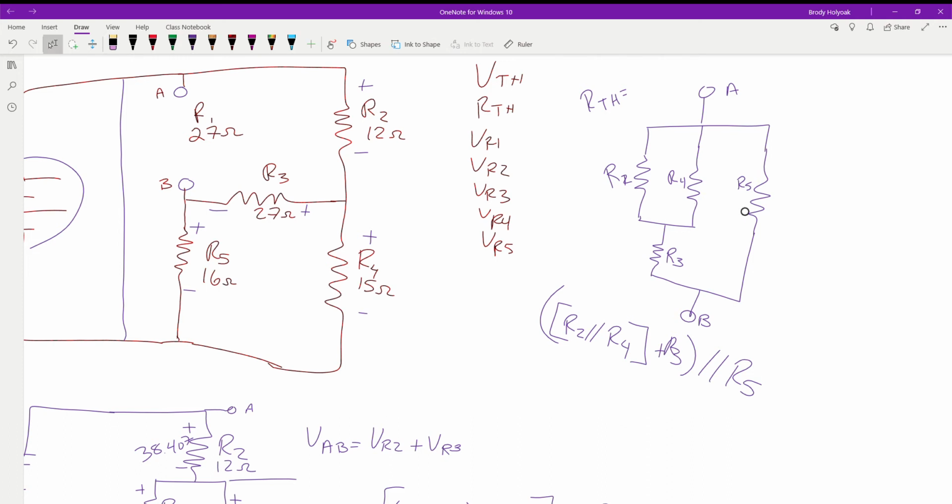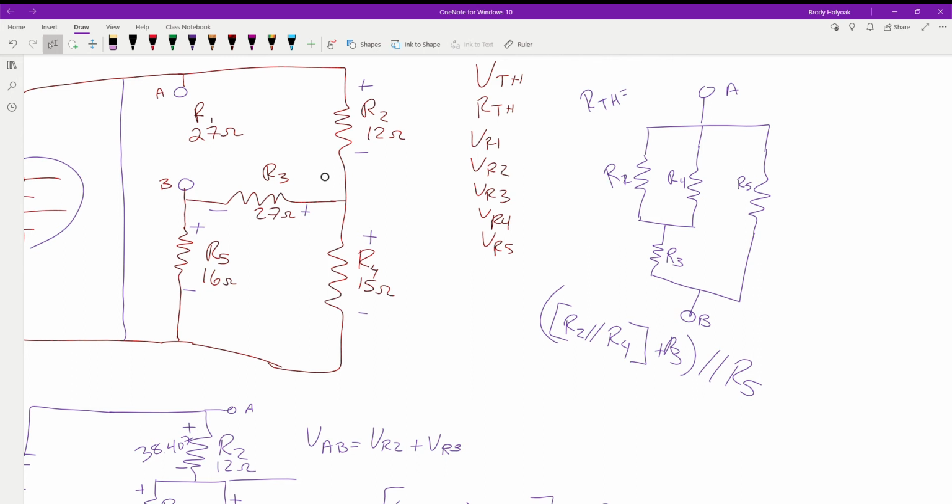Then we just have to start figuring out where all the different connections are. We can start with either R2, R5, or R4, it doesn't really matter. In this case, I just took R2, and what is R2 physically connected to on the other side? R3 and R4. And how many connections can you make between those? One. There's only one path you can go to get to either one of those.